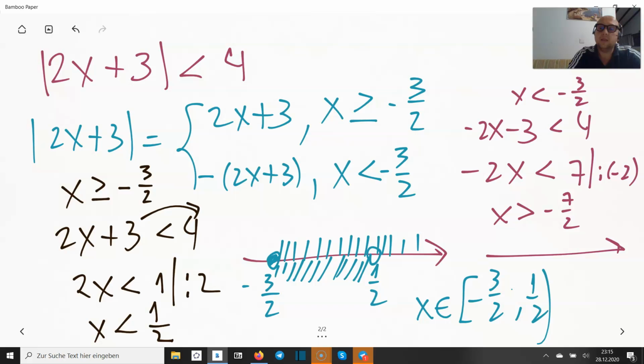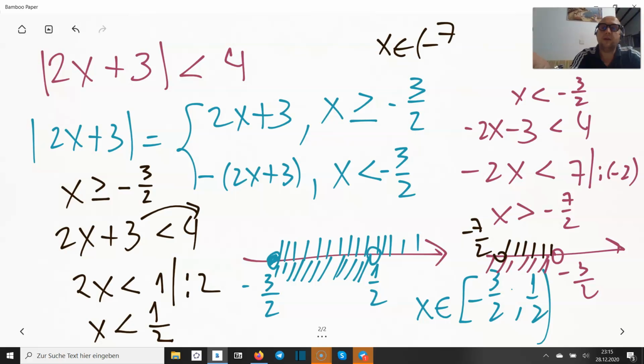So we want to be with x less than minus 3 halves right here. And we want to be bigger than minus 7 halves. So right in between. That means in this case, x is between minus 7 halves and up to minus 3 halves.